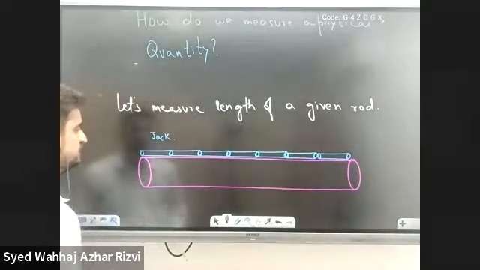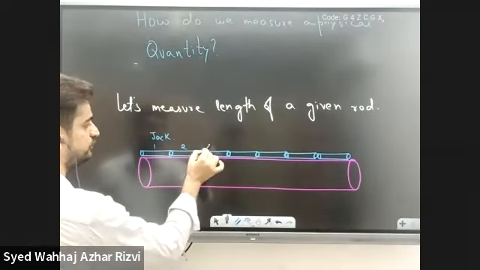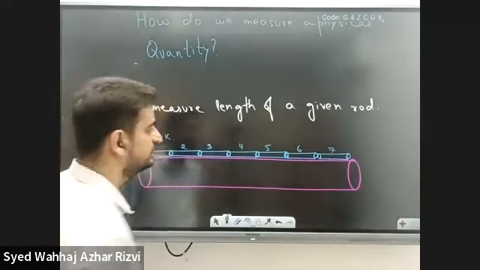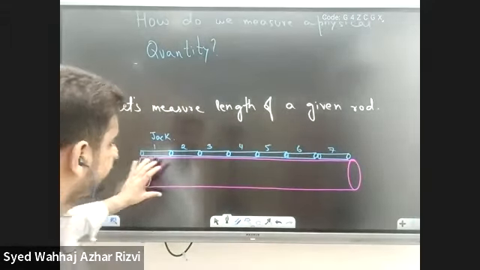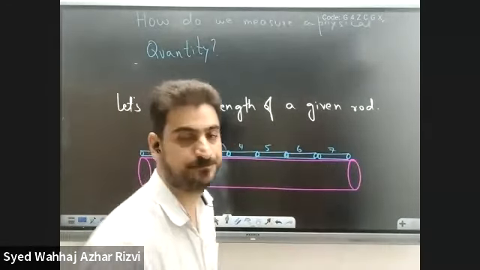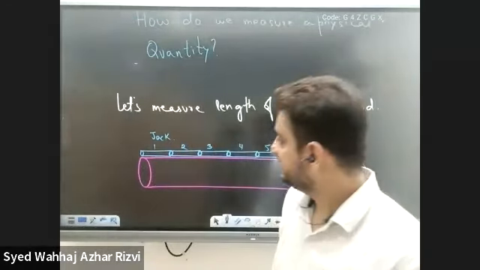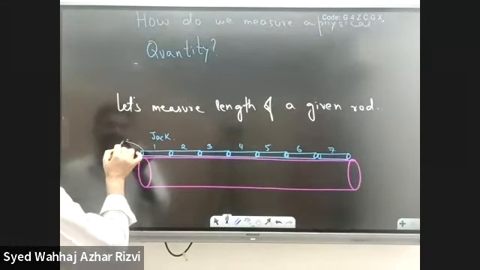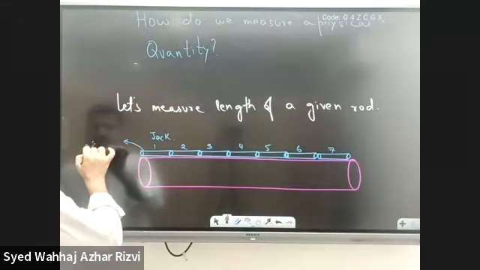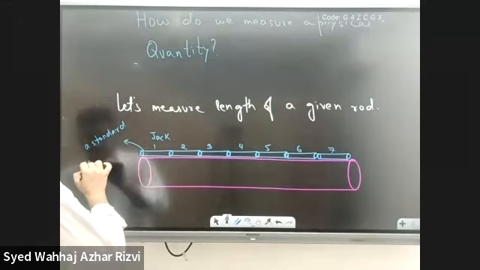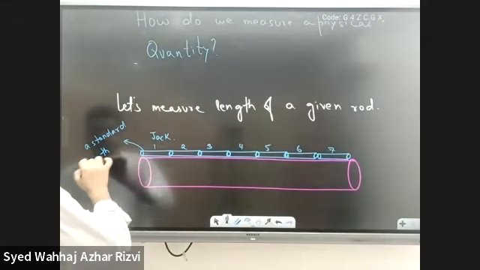Okay, so 1, 2, 3, 4, 5, 6, and 7. So this pink rod is made up of 7 jacks. And let's call this blue rod a standard length.